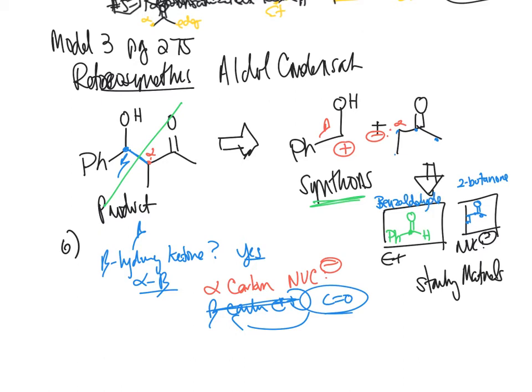So in order to make that product, you would take benzaldehyde plus butanone, 1, 2, 3, 4. And you would put that into OH, and you would get this product here, with the OH.